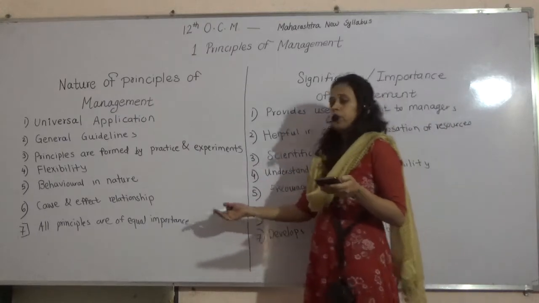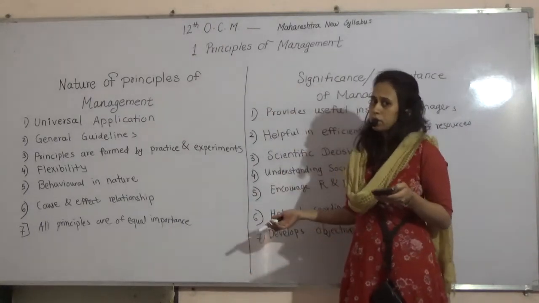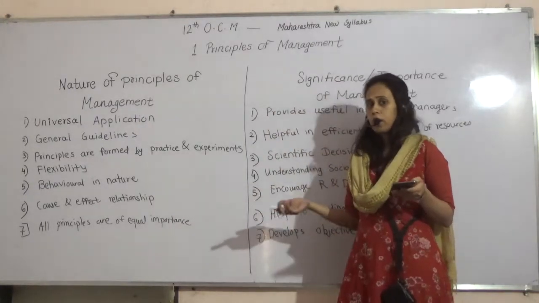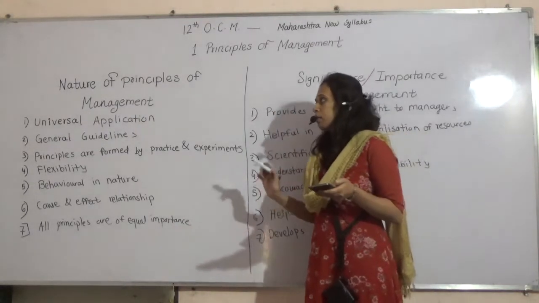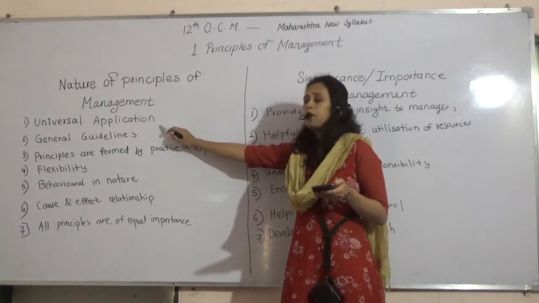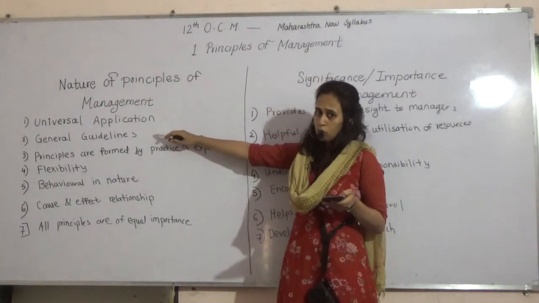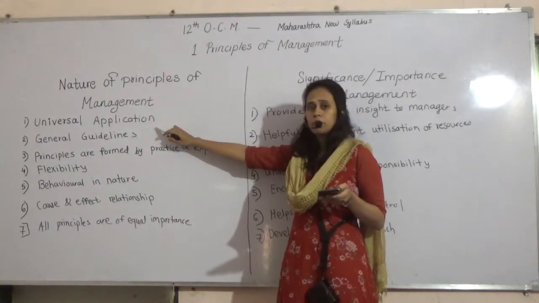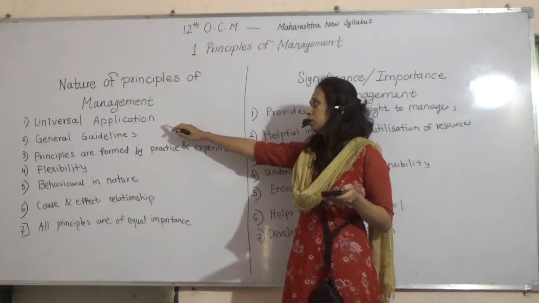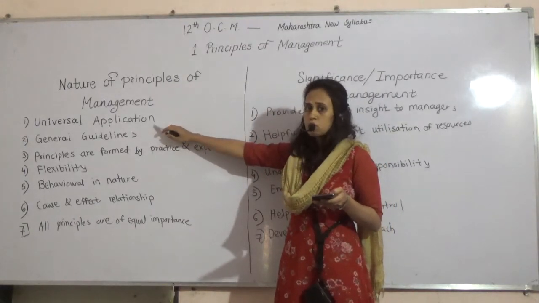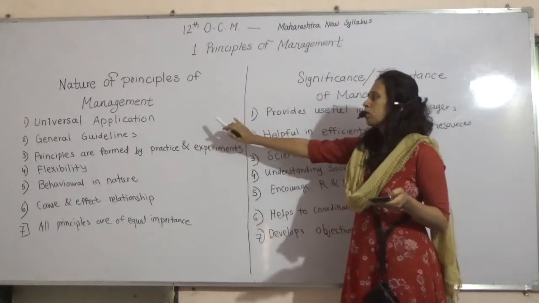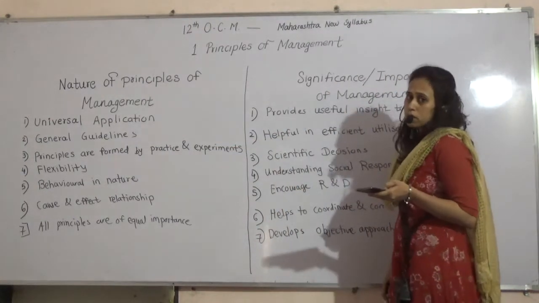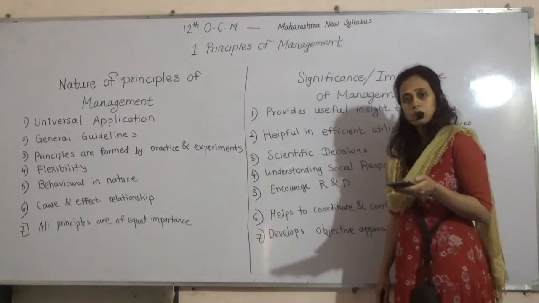Whatever we have studied, those 14 principles, the scientific methods and techniques, and F.W. Taylor's principles, you find that these principles are applicable everywhere, whether it's a small or large organization, a consumer related or industrial company, or an institute. Anywhere these principles are applicable.